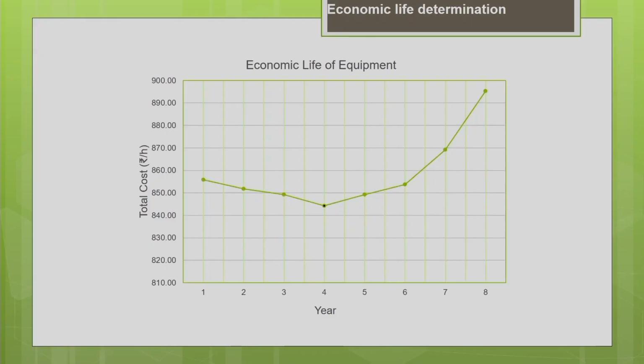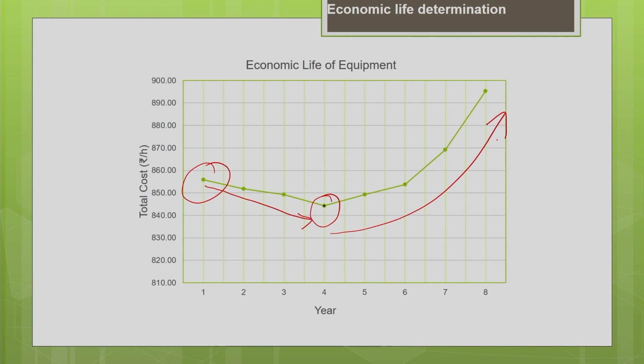Okay. So, this picture just shows you the pictorial representation of what I discussed in the earlier slide. During the initial period, you can see that the cost associated with the machine is slightly high, then the cost starts reducing as the cost is distributed over a greater period. Now, it reaches a minimum point and after that it starts significantly increasing.